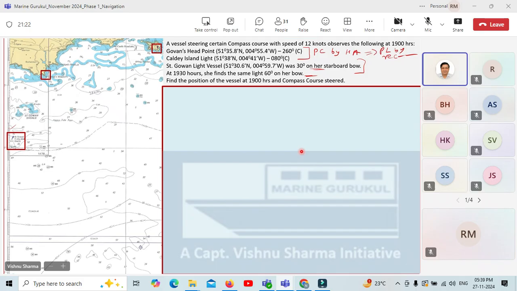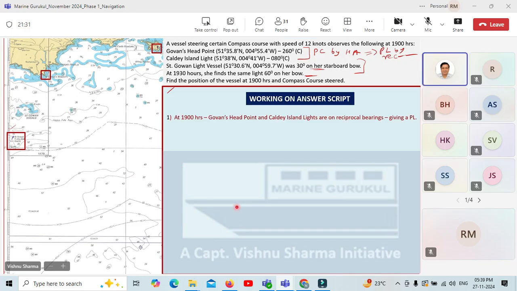Whatever you are seeing in this blue box, you will have to do on the answer sheet, working on the answer script. At 1900, Govan Head and Keldy Island lights are on reciprocal bearing, giving you a PL. We have to obtain a PC by distance for 1900 from Saint Govan light vessel.